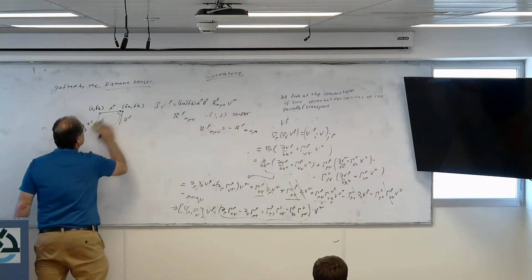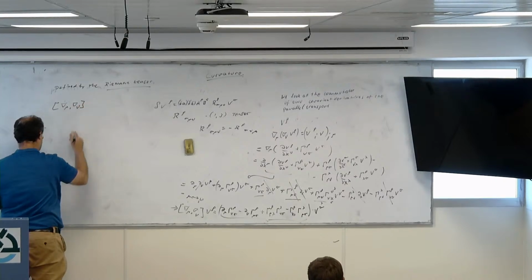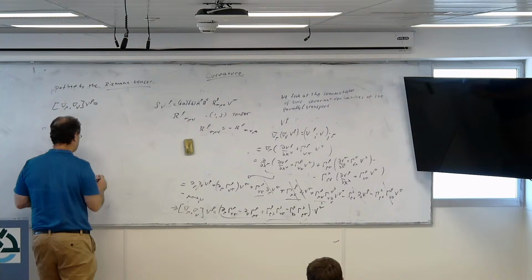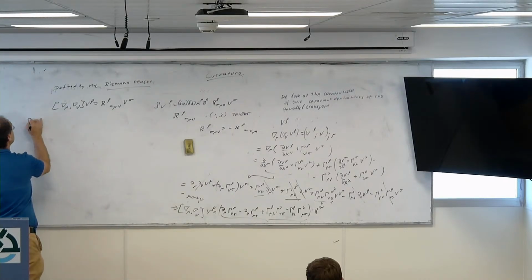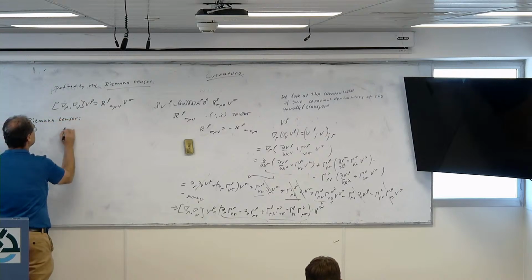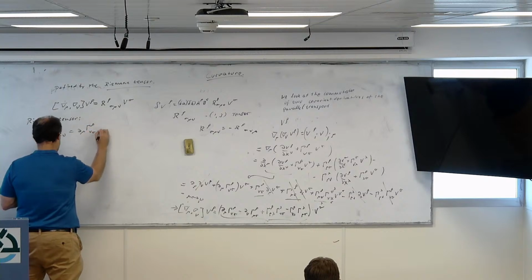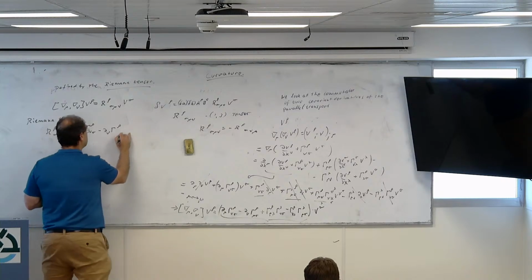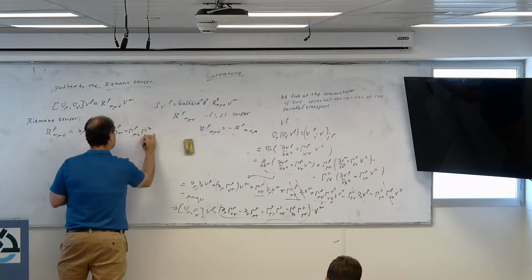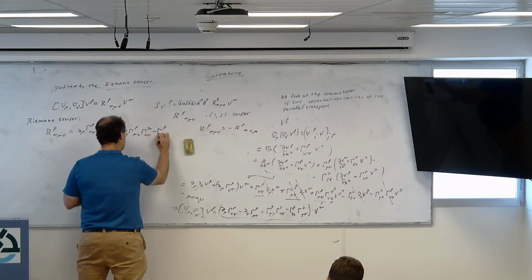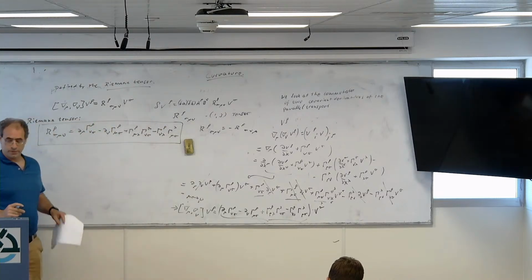So we write down the commutator of the derivatives W and W nu on V rho is R rho sigma mu nu V sigma, where the Riemann tensor R rho sigma mu nu is d mu gamma rho mu sigma minus d mu gamma rho mu sigma plus gamma rho mu lambda gamma lambda mu sigma minus gamma rho mu lambda gamma lambda mu sigma. Okay, we just write it.